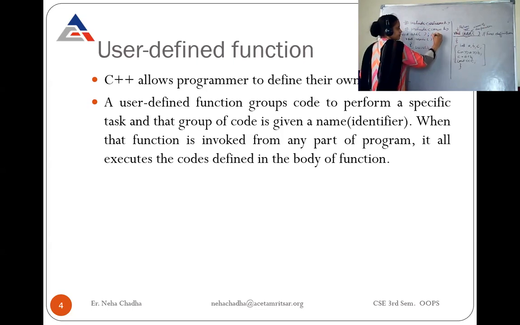This is my function prototype. As you use other functions like clear screen and getch, your prototype is in the form of hash include conio.h. But when the function is user defined, you will declare the function without using hash include. You will simply use the return type, the same function name, whatsoever parameters are in the function, and end it with a semicolon. This is the function prototype.